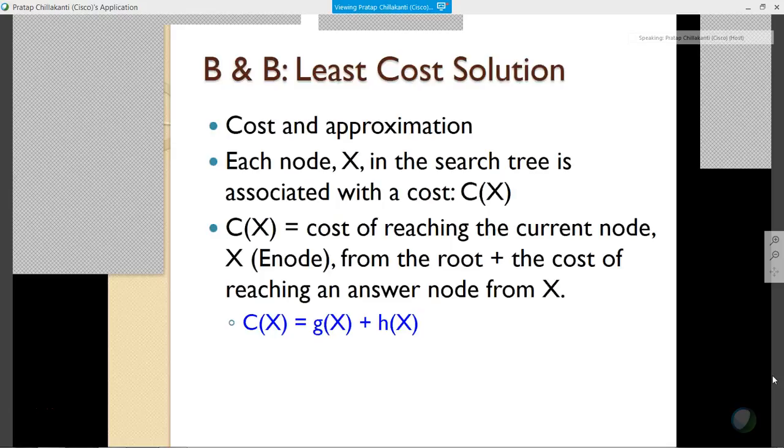Because you already traversed that, right, up to that node in the tree. That is one cost. Plus, you are not done. Then you have to add the cost of reaching an answer node. And you're still going down from that node, right? Remember how we said B in or out, then from B you went to C in and out, and from C you went to D. So you're still traversing towards the solution. So the total cost is g(x) plus h(x).